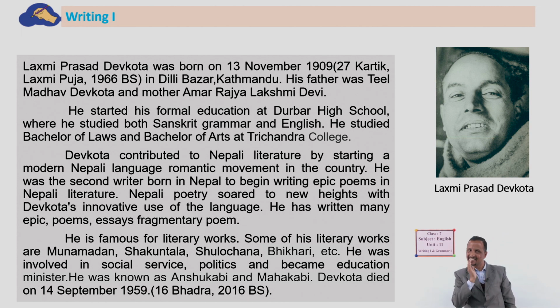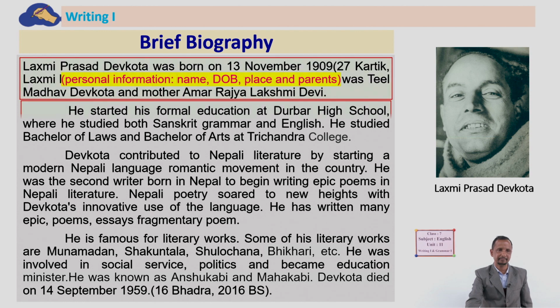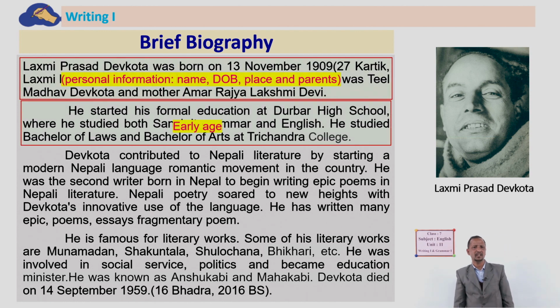Dear students, let's see. Now, you can see here, brief biography. Personal information: name, date of birth. DOB means date of birth, place, and parents, father and mother, we already have written in the major points, first paragraph. Early age, second paragraph.